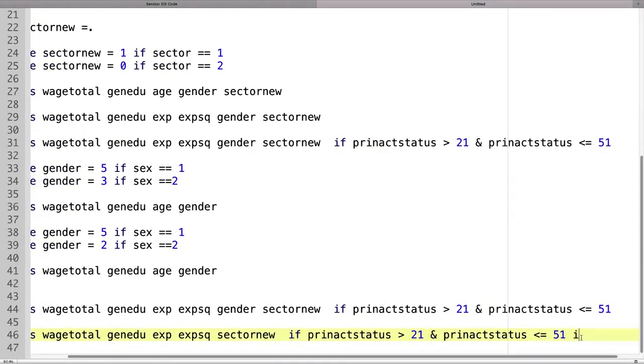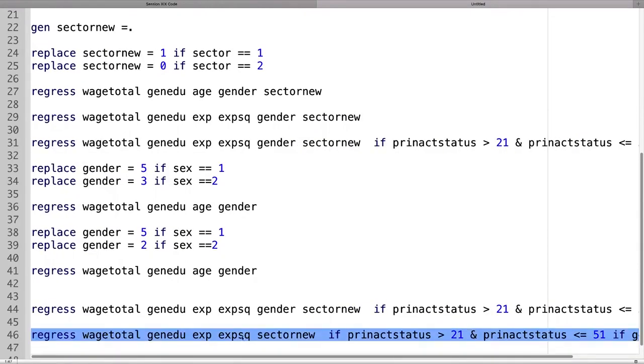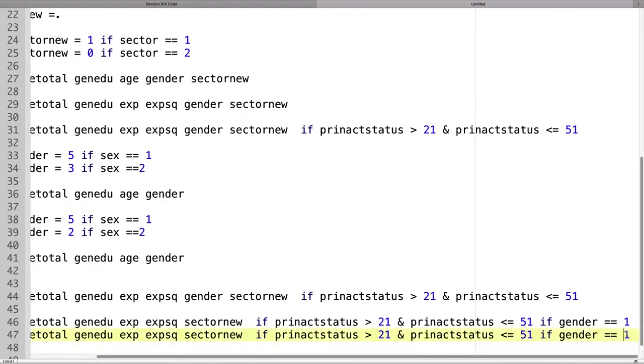If gender is equal to 1, and here I will again copy this regression equation, and here I will have if gender is equal to 0. So that means 1 is for male and 0 is for female.